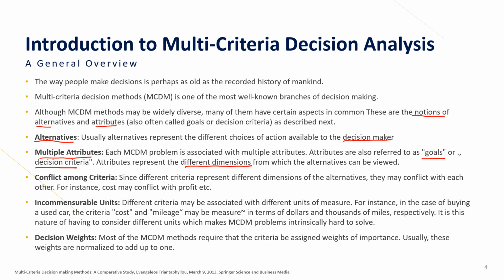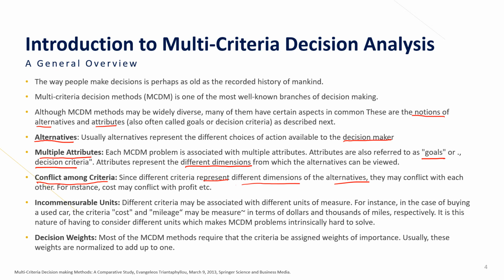Normally, there will be conflicts among those criteria or attributes, since different criteria represent different dimensions of the alternatives, so they may conflict with one another.